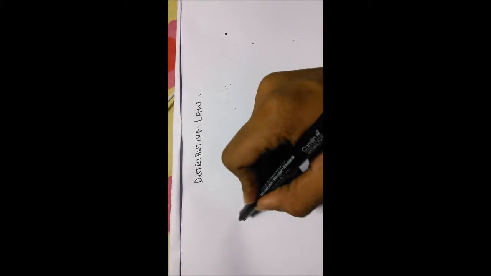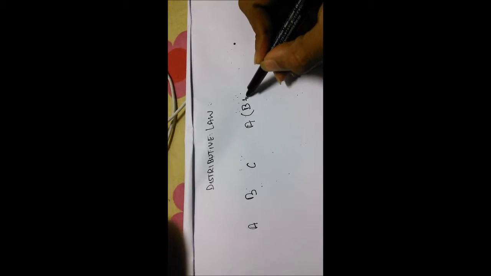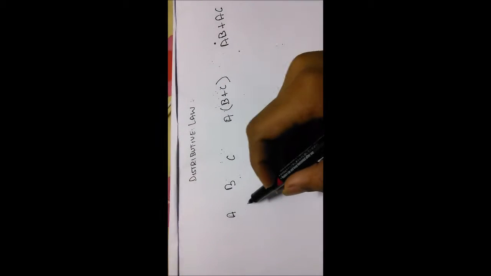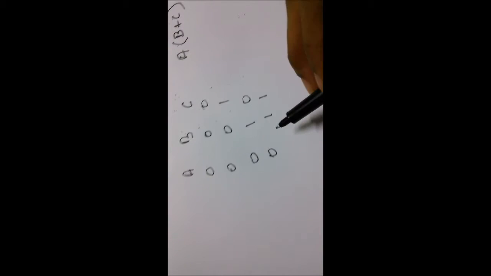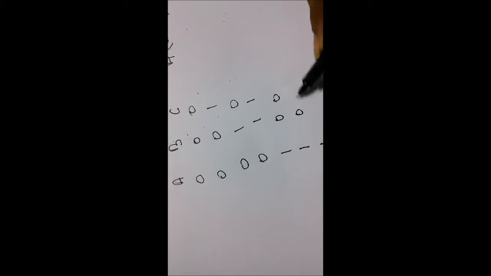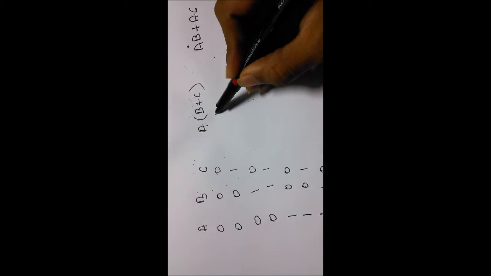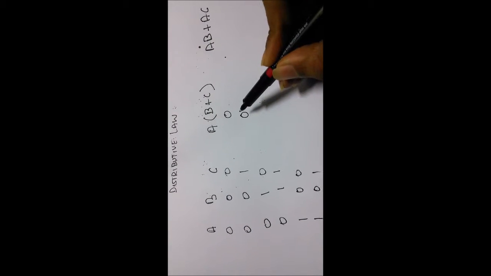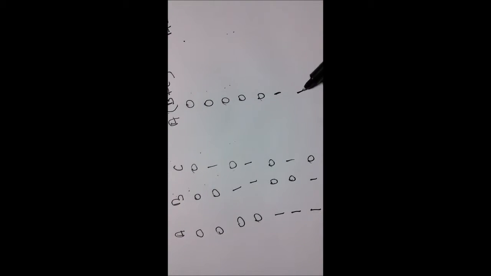Say we have three inputs A, B, and C, and we have A into B plus C, and AB plus AC. Now for the set of inputs 000, 001, 010, 011, 100, 101, 110, 111, we get the outputs 0, 0, 0, 0, 0, 1, 1, 1.